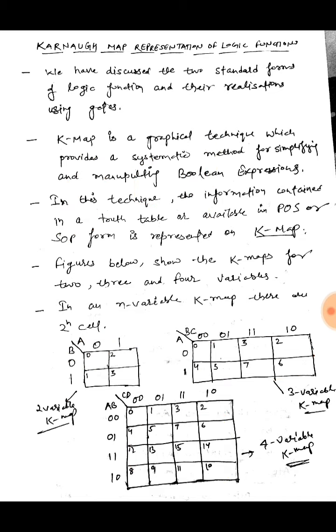So A can take value 0 and 1. Similarly, B can take value 0 and 1. So I have given names to these cells: 0, 1, 2, 3. So the 4 cells are given names 0, 1, 2, 3 depending upon the value of variables. For the first cell, both A and B are 0, that is 0, 0.